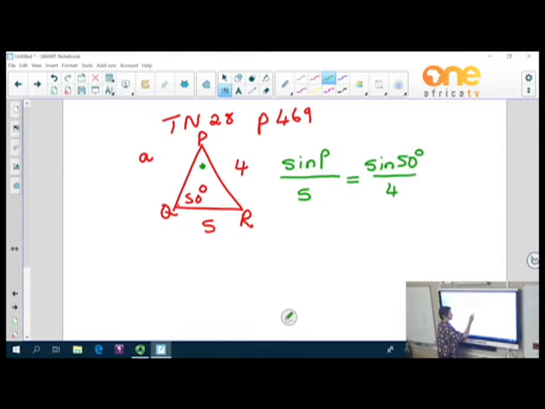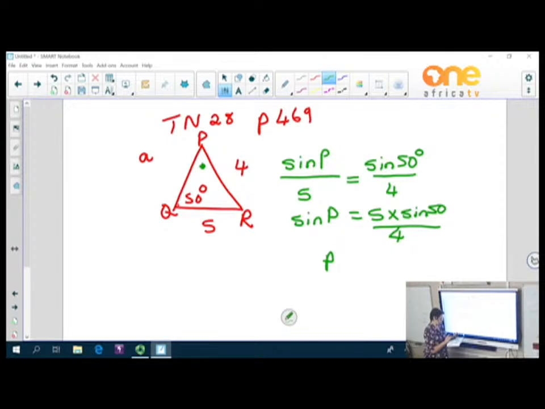This time you want to calculate sine P. So sine P is then equal to 5 times sine 50 divide by 4. And now remember, you want the angle, so we'll have to press on the calculators now. Sine inverse, brackets, 5 times sine 50, divide by 4.